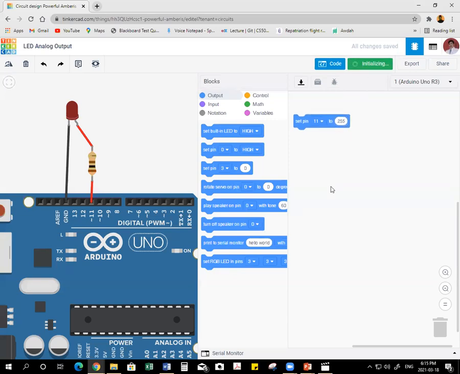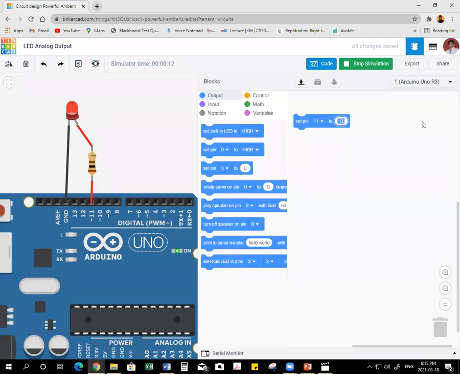Now start simulation. See, it is glowing. Now if I use 100, start simulation. What do you observe? You observe the brightness of the LED, the glow is less.